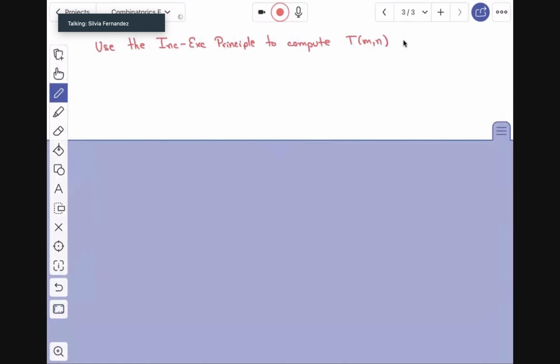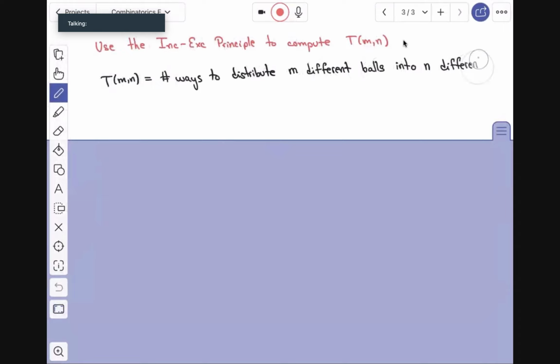TMN is the number of ways to distribute m different balls into n different boxes. That we can count very easily, but what makes it difficult is that there are no empty boxes allowed.